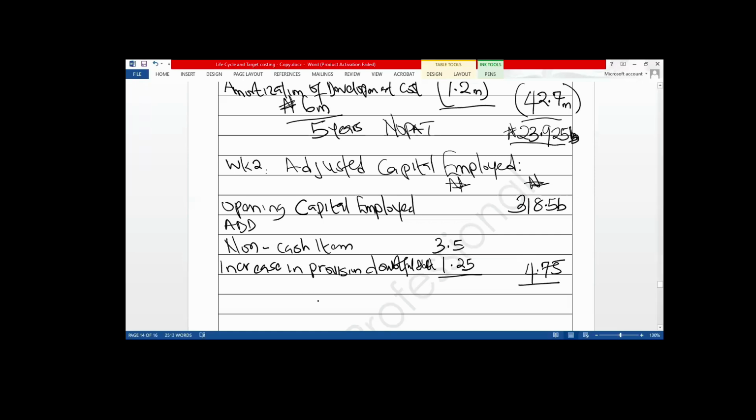So you can get your adjusted capital employed. Please sum up. That's 323.25.